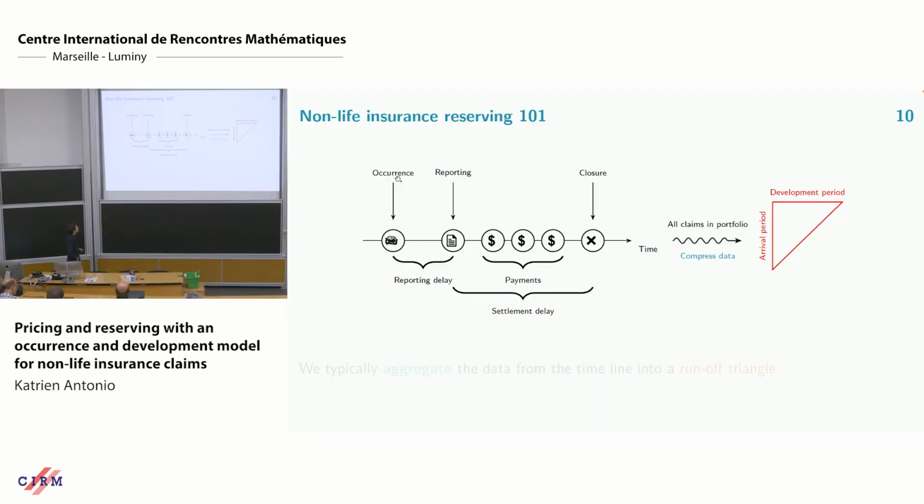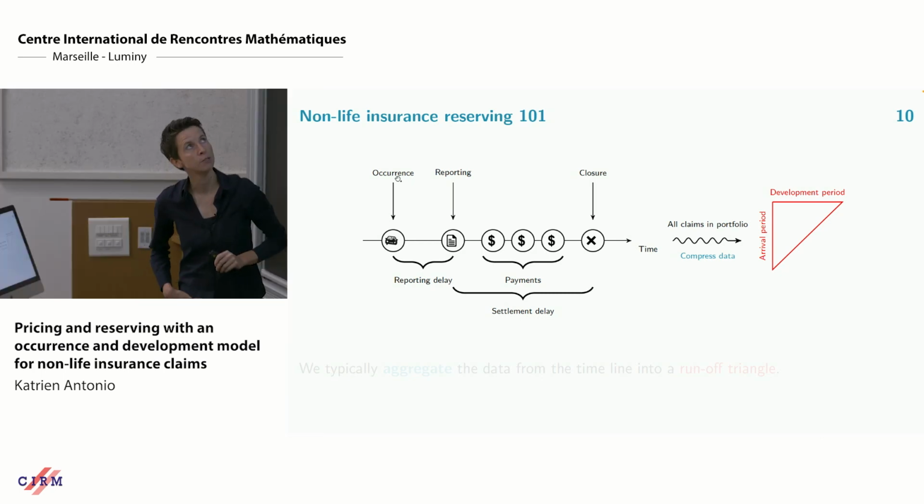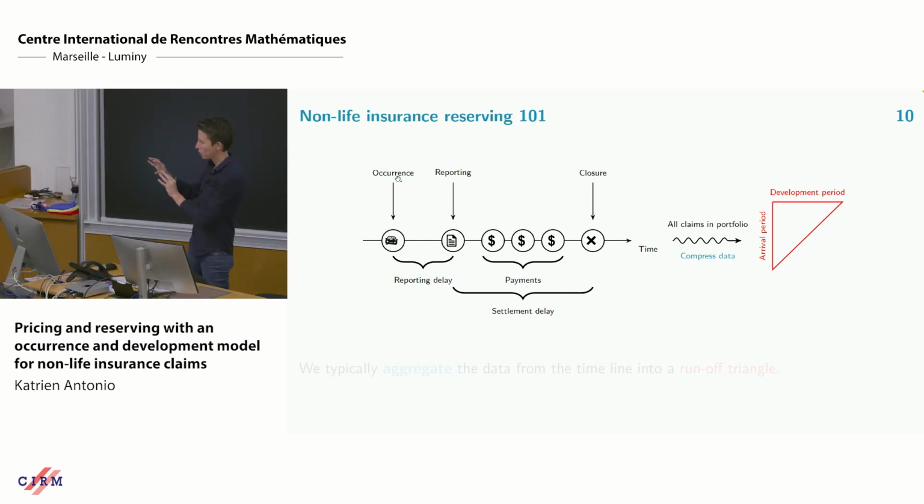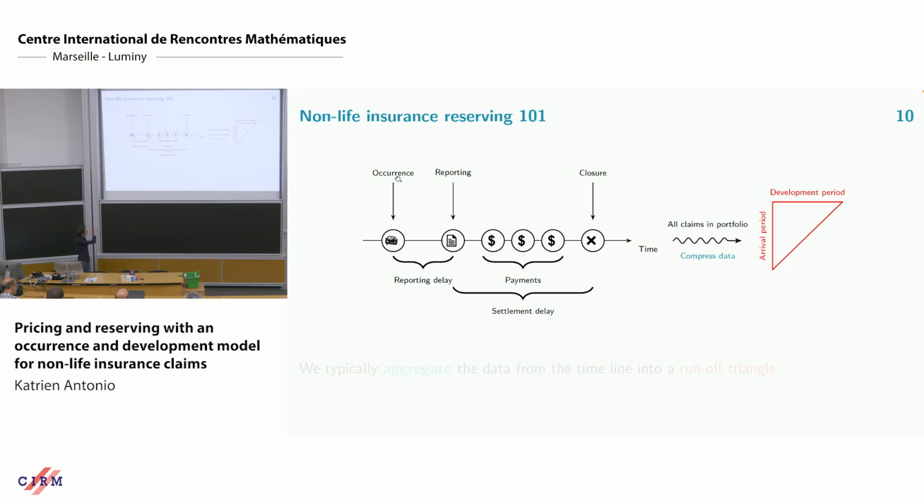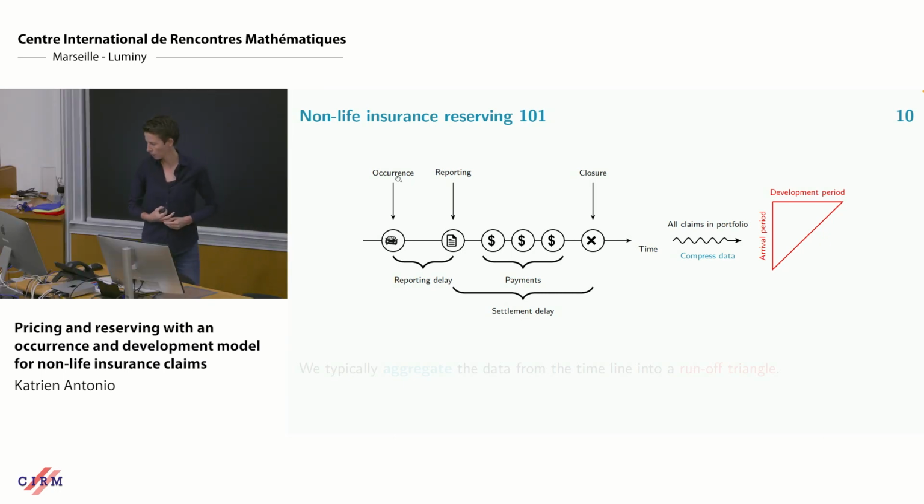So we know that if you look at the problem of non-life insurance reserving, it's about the development of claims over time. We have the main events of a non-life claim's development sketched on the left-hand side: the occurrence of the event, the reporting, some payments until settlement. We know that story, and I've been trying to work on this idea in a couple of papers.